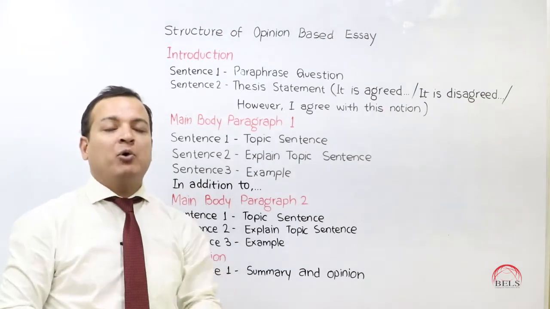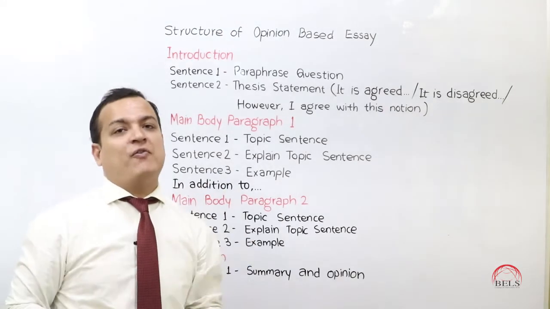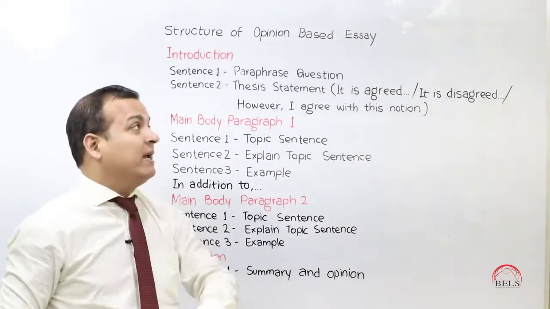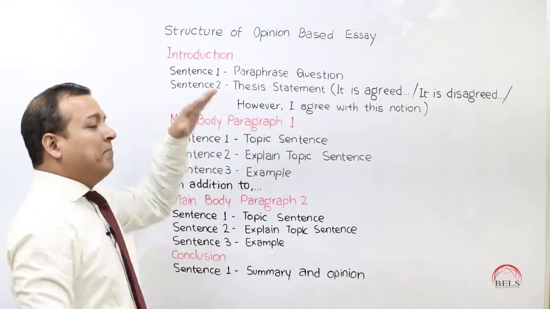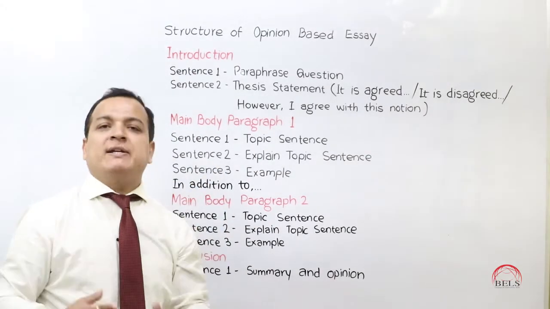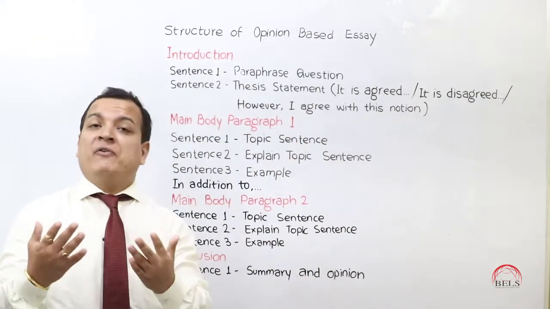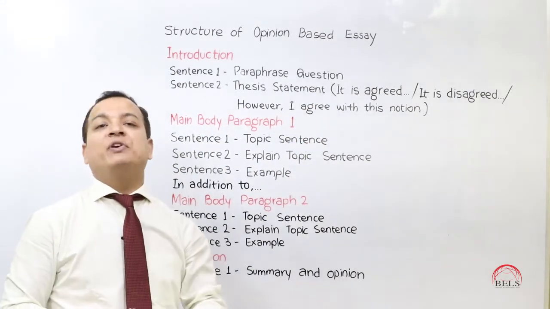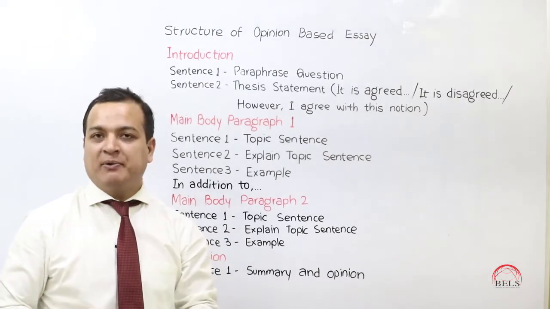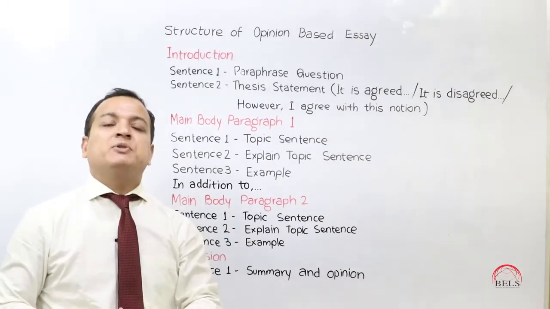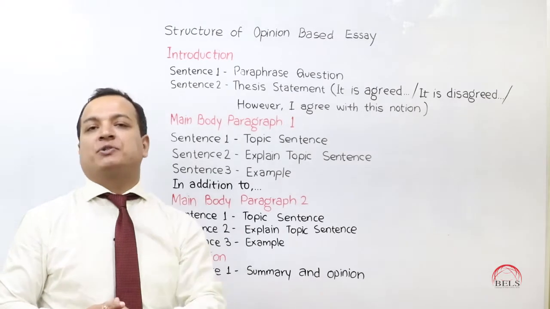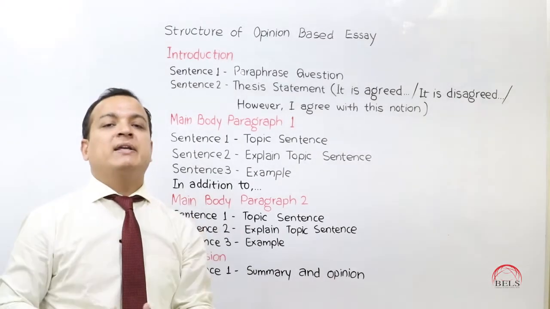Now let's discuss more in detail the structure of the opinion-based essay. In the introduction part, majorly you will be using 2 sentences. The first sentence will paraphrase the question. You will be paraphrasing the question by using the UVS formula I have already given to you before. You can use synonyms to highlight the important keywords from the question and then convert them into synonyms.